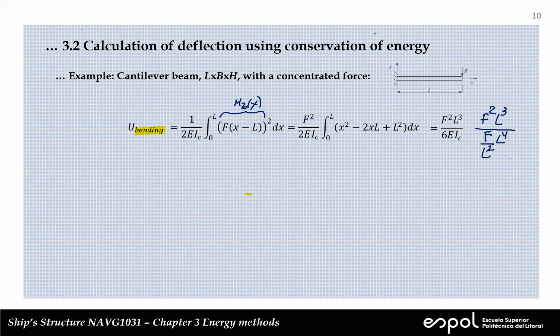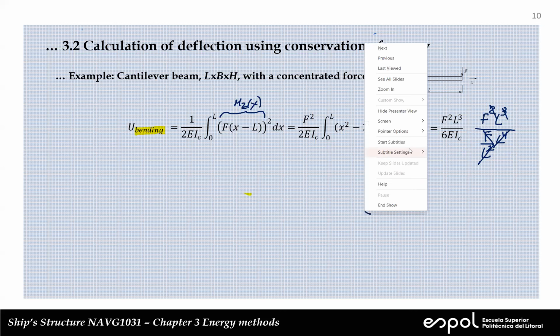So we have 2 and 2 of these, that's 4, and we cancel that. 1/4, we get FL. So we're fine. Please, this is something that we should always do. We have to check our units, okay?